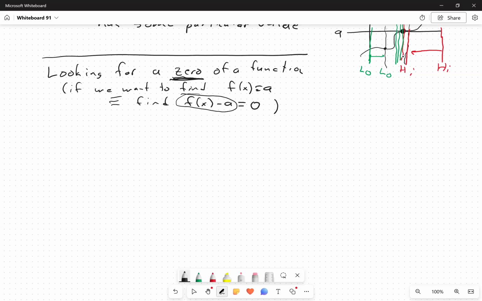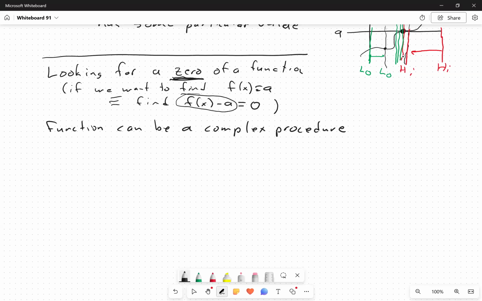Now, the thing that makes this different from what you've looked at in math classes before is that the function can be a complex procedure. So it's not necessarily some nicely defined algebraic or analytical function that you just plug a value into and get a result out. It can be some complex procedure that you need to actually find an answer for.